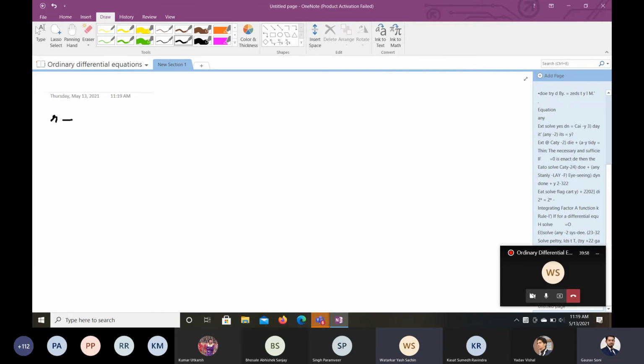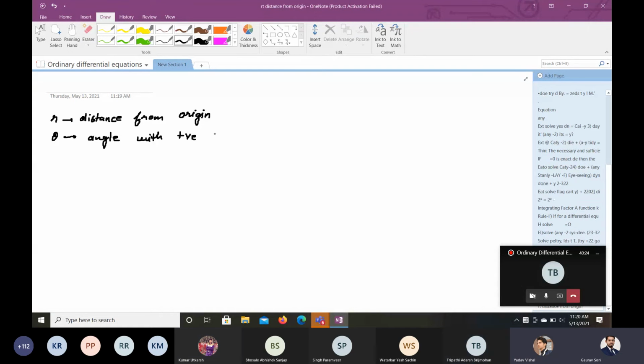Under root x square plus y square; graphically, r represents the distance from the origin, the shortest distance. And theta is the angle of inclination subtended from the positive x-axis.